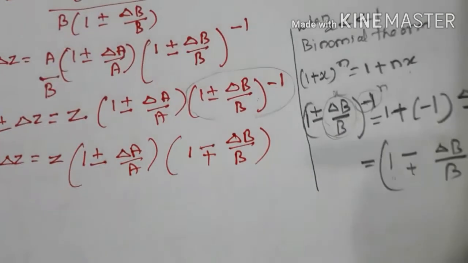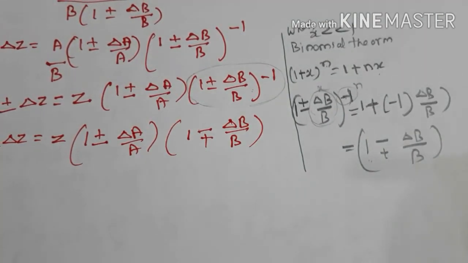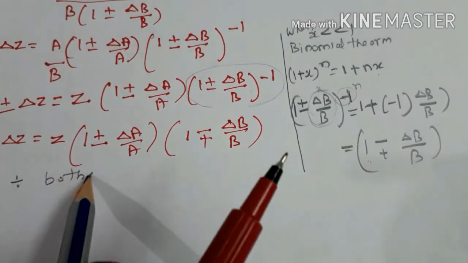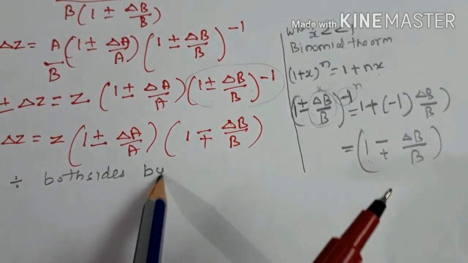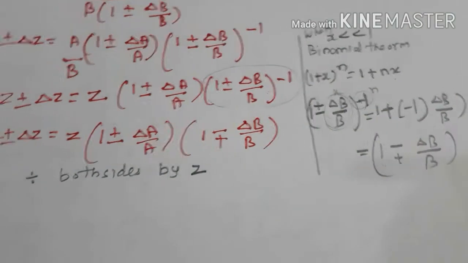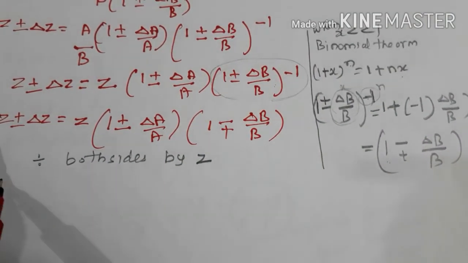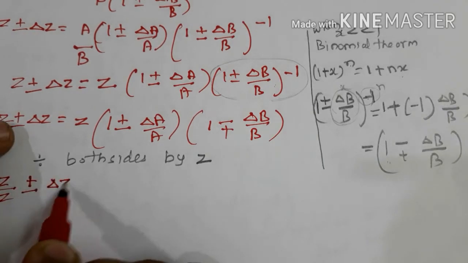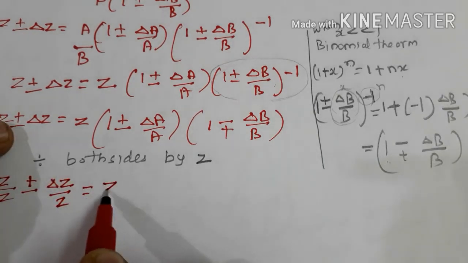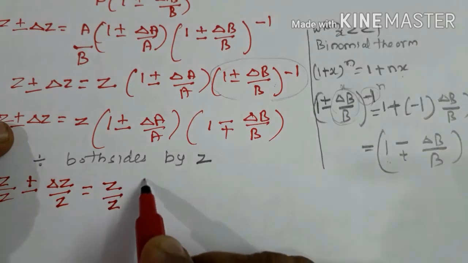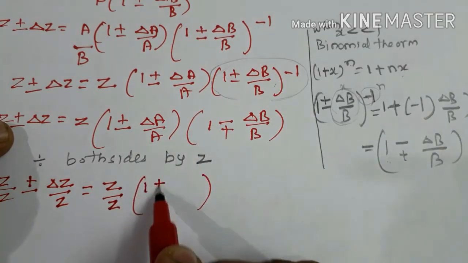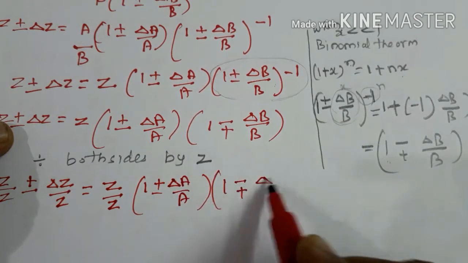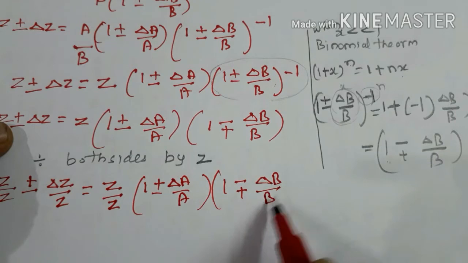Now what you can do is divide both sides by Z. So if you divide by Z, what will you get? Plus or minus delta Z by Z. These two terms write as such: delta A by A into 1 minus or plus delta B by B.